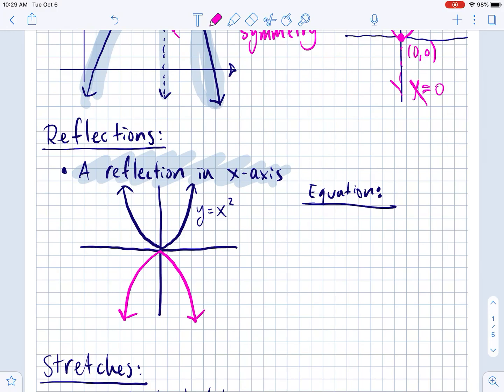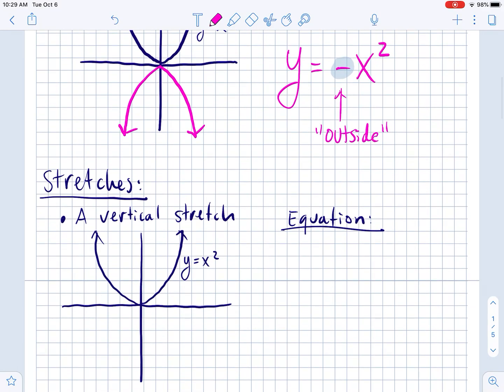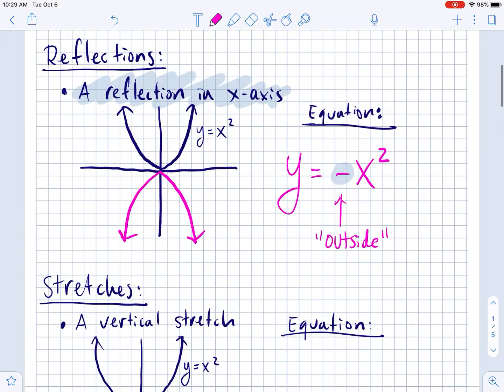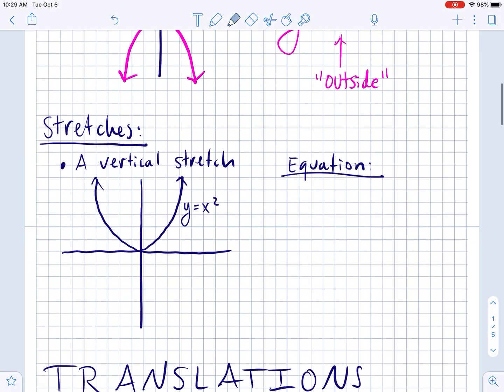The equation for that is you put a negative on the outside of the function, so y equals negative x squared. Please notice this negative is on the outside of the function, and that's going to come up a lot more later. So that was our first reflection.